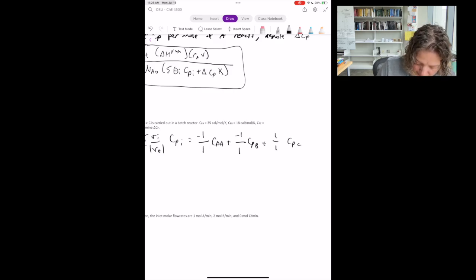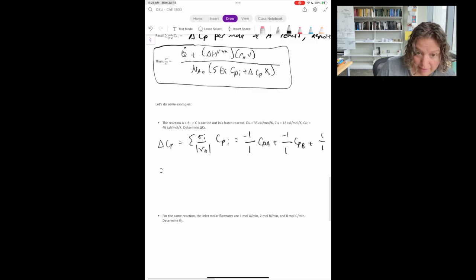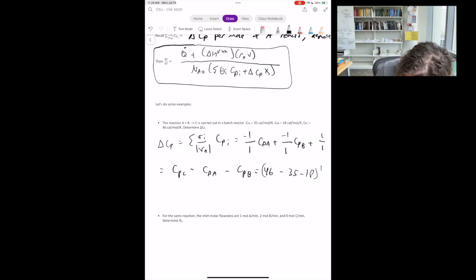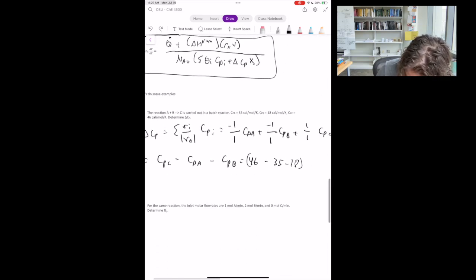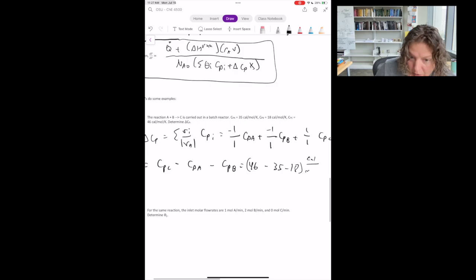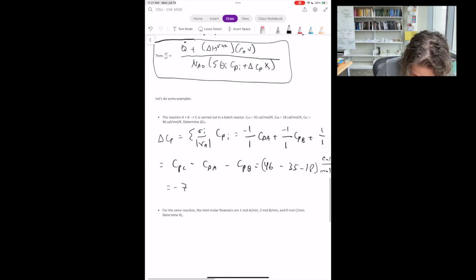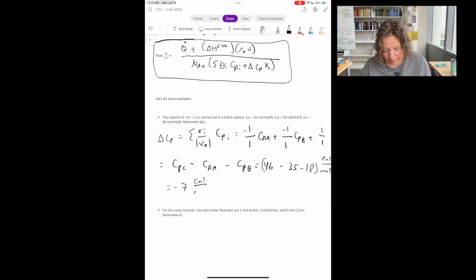That's going to give me CPC minus CPA minus CPB equals 46 minus 35 minus 18, all in calories per mole Kelvin, which is going to give me negative 7 calories per mole Kelvin. So that's how I calculate that term.